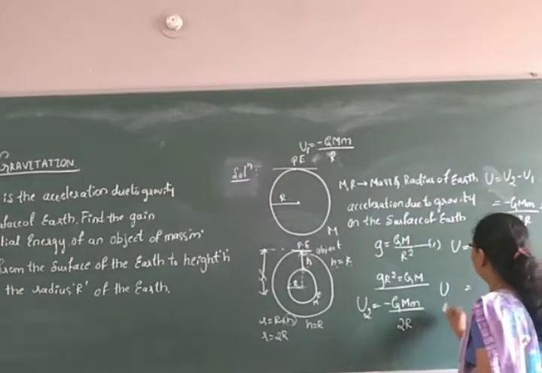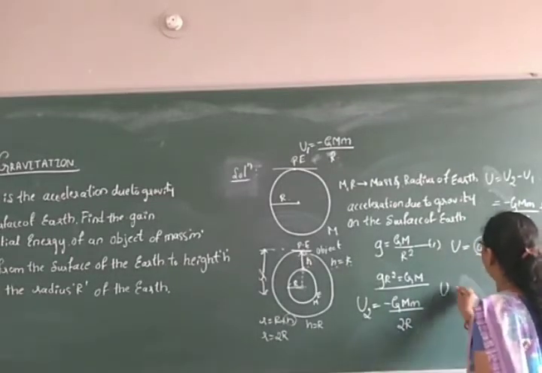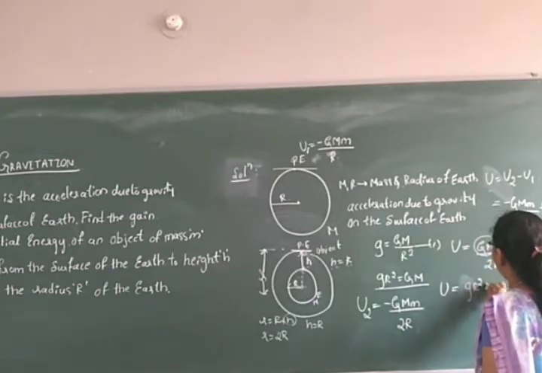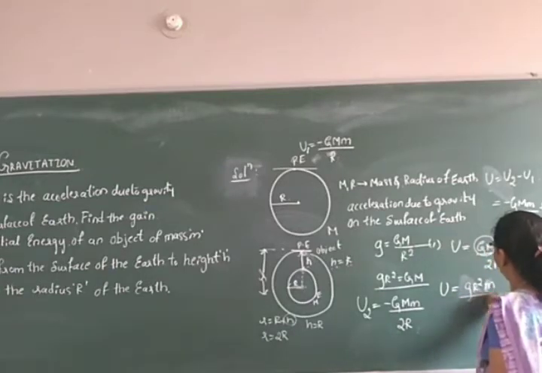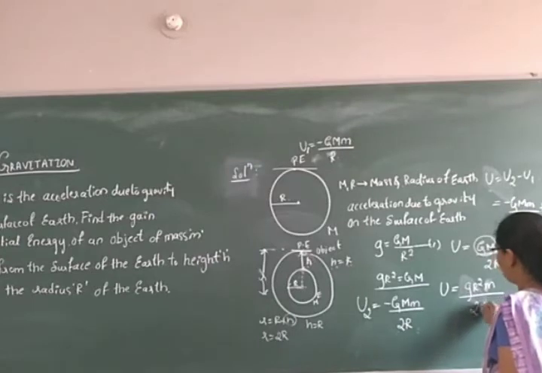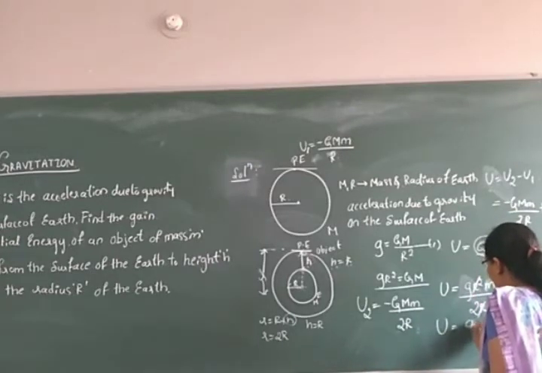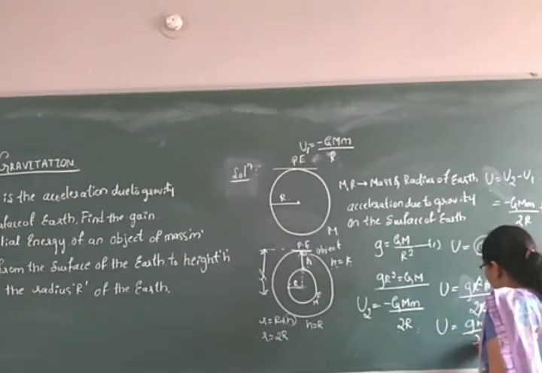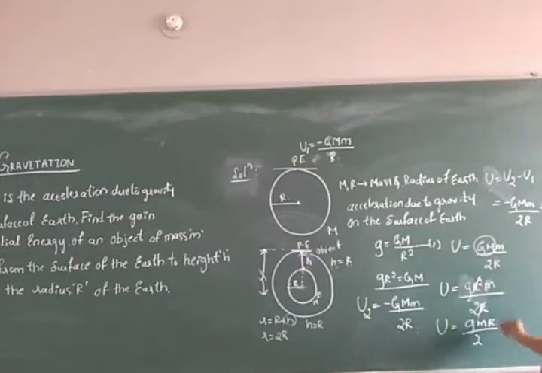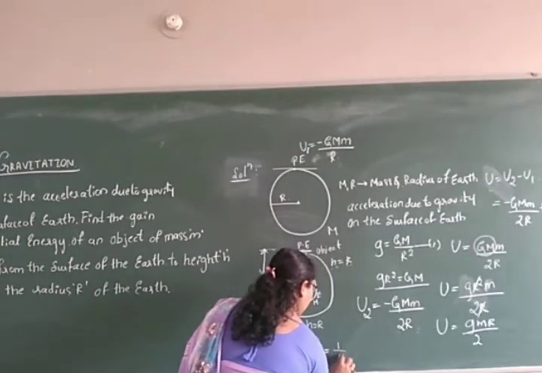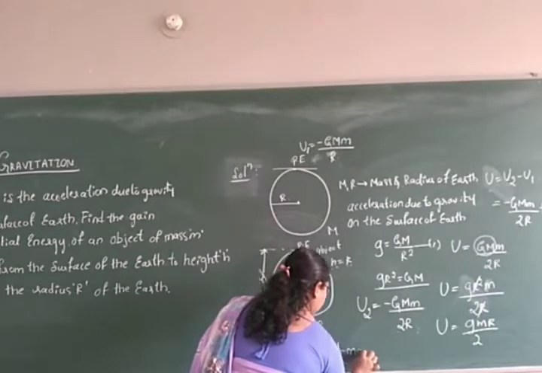So we'll get U, the potential energy, is equal to g R square m divided by 2R. Here R will cancel, then g m R by 2. So we can also write the total potential energy U is equal to half m g R.